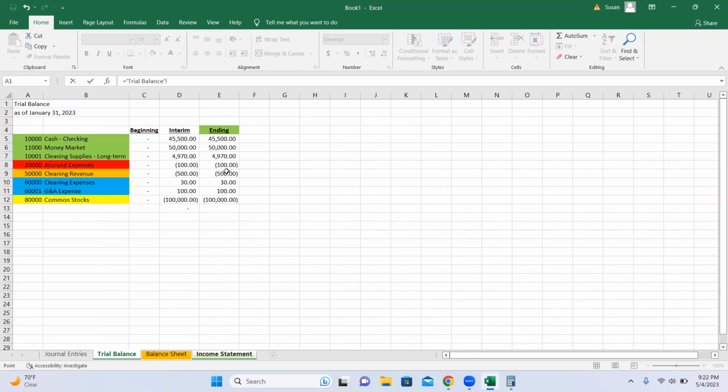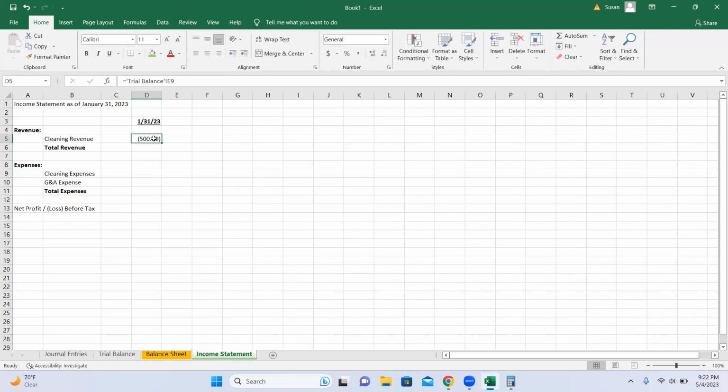So now you see how helpful the trial balance is, because it basically spits out the numbers to your balance sheet and your income statement. And even though the cleaning revenue says it's a negative, it's a positive revenue. The reason is that revenues are credits, so that's why it's a negative.